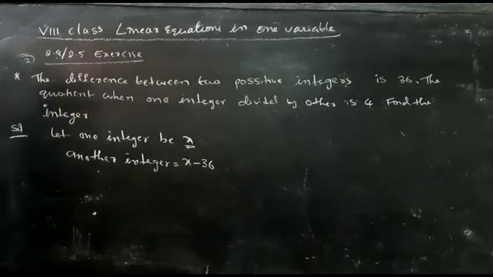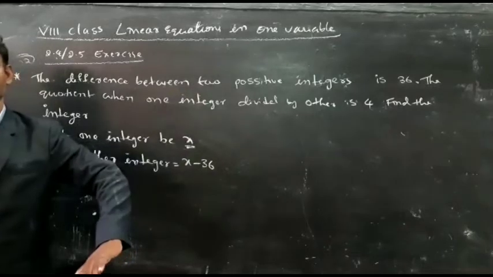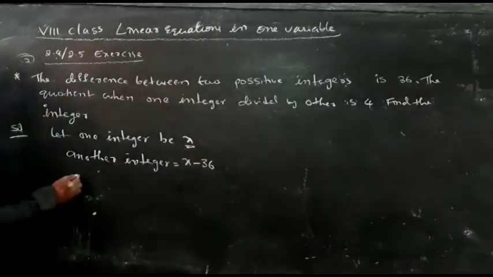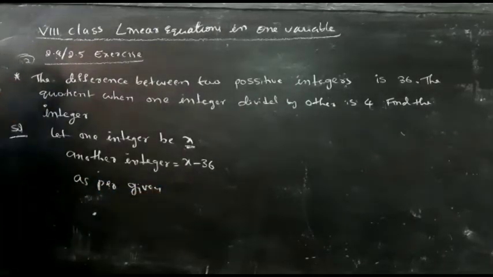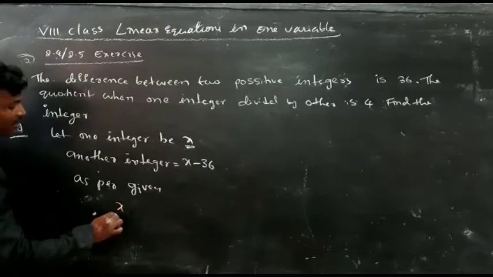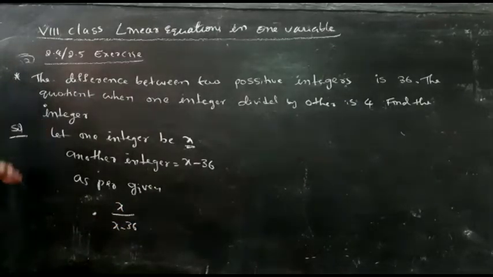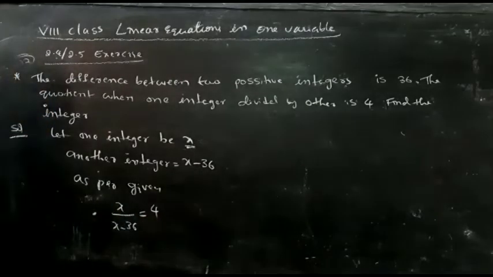So what is the question here? If I divide one integer by another, the quotient is given as 4. For example, if I divide x by x minus 36, what is the quotient? 4 is the quotient.